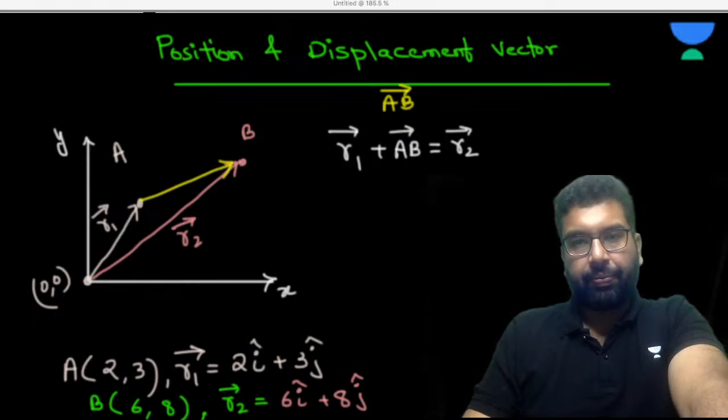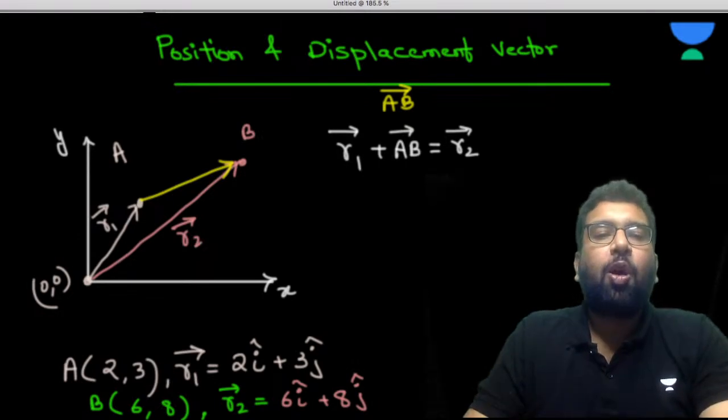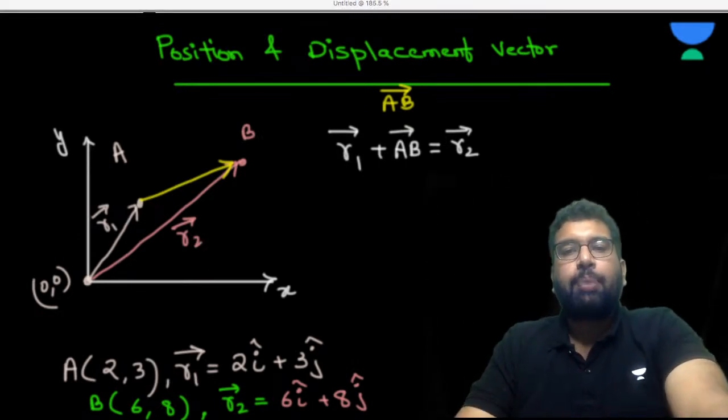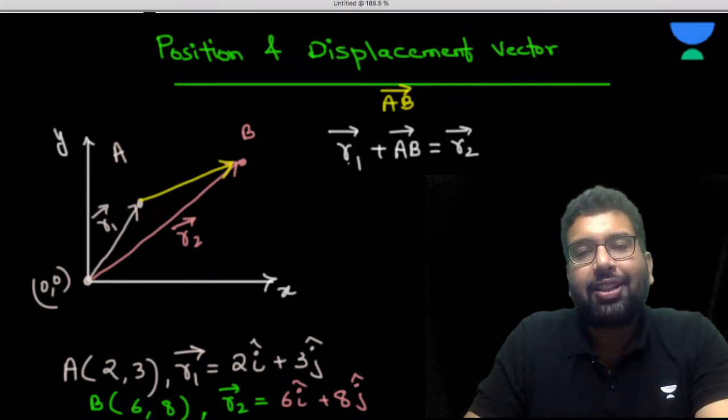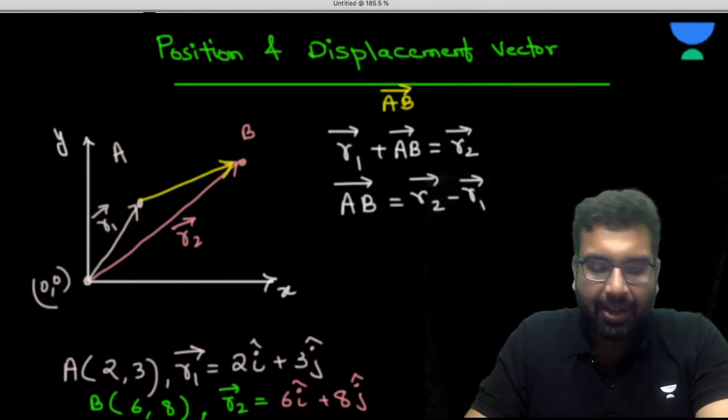So R1 vector plus AB vector is equal to R2 vector, from the law of triangle, isn't it? From here, AB vector is equal to R2 vector minus R1 vector, right?